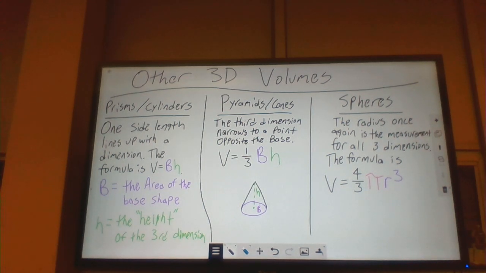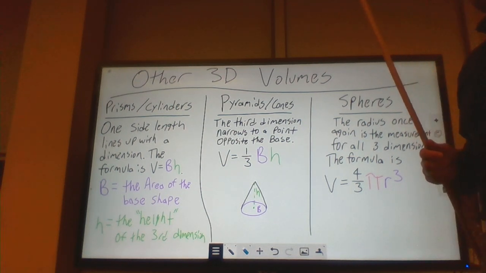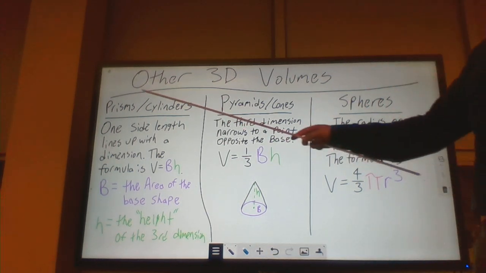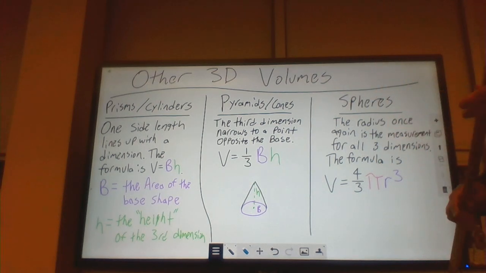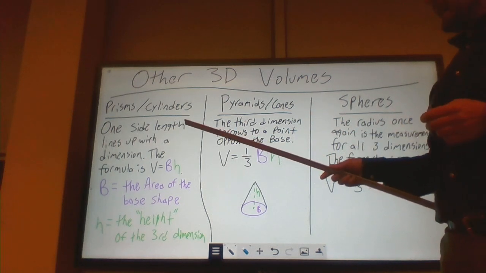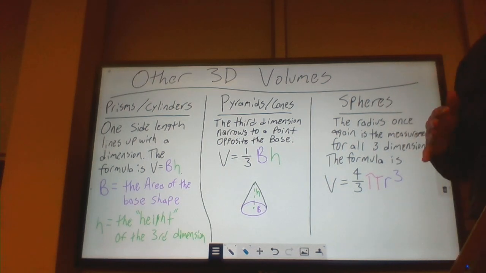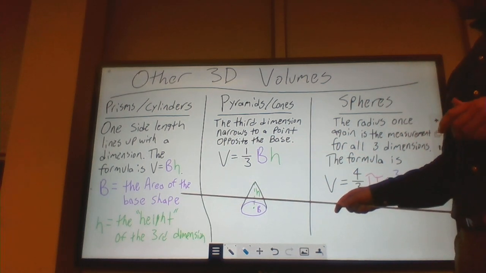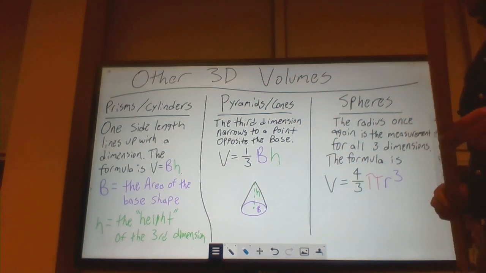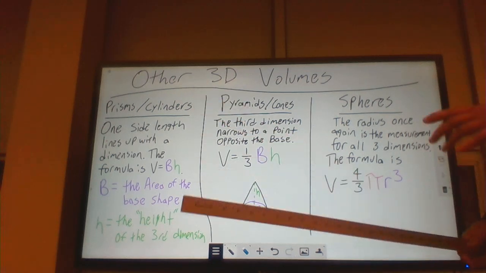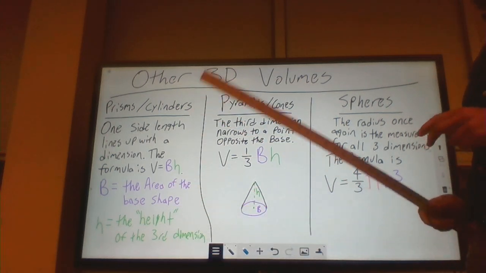Now, you'll forgive me for not doing many diagrams. But 3-dimensional shapes are hard to draw. So we'll start with other prisms besides rectangular prisms and cylinders as well. Since one side length lines up with a dimension, we only need to figure out what the area of the base shape is, and then all we need to do is multiply it by that 3rd dimension, since that 3rd dimension lines up perfectly.